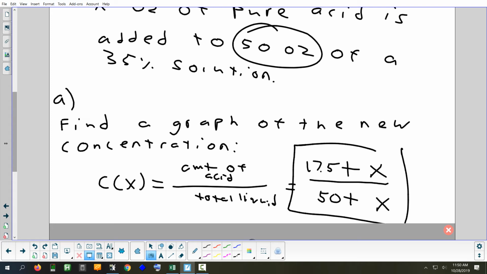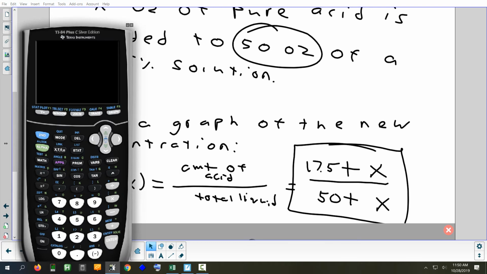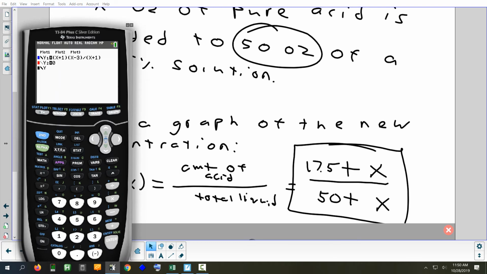That is a formula for the concentration. And they want us to graph it. Okay, so let's graph it, see what it looks like. Parentheses will help here: (17.5 plus X) divided by (50 plus X).